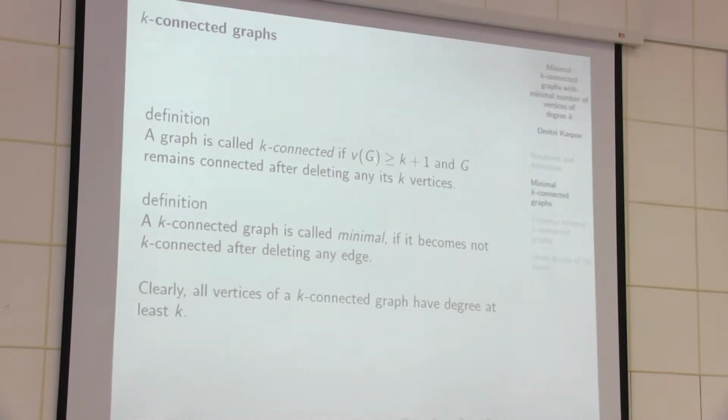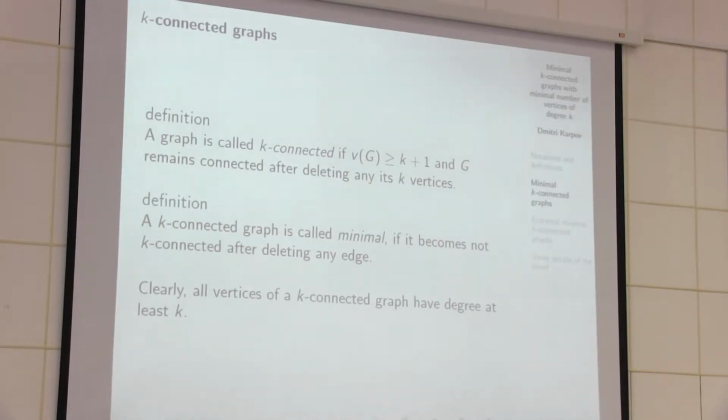The restriction of at least k plus 1 vertices is needed because we want to avoid the case when any small graph is k-connected. Of course, it is not.